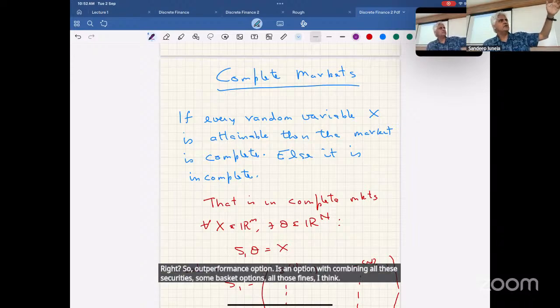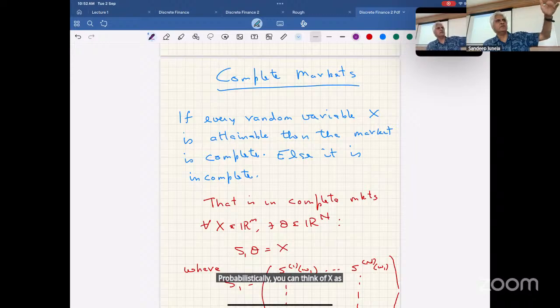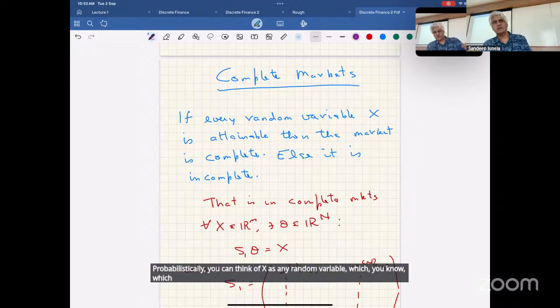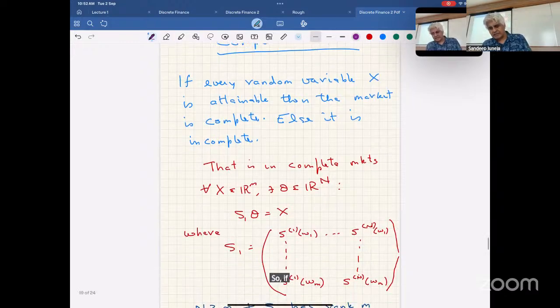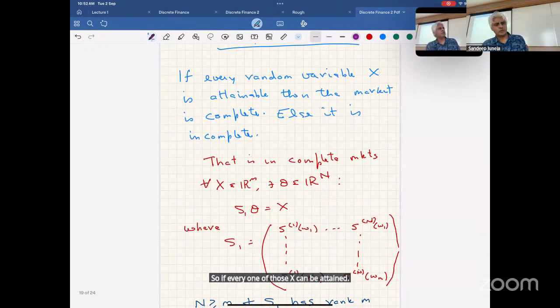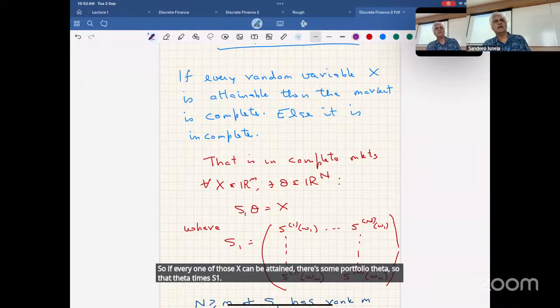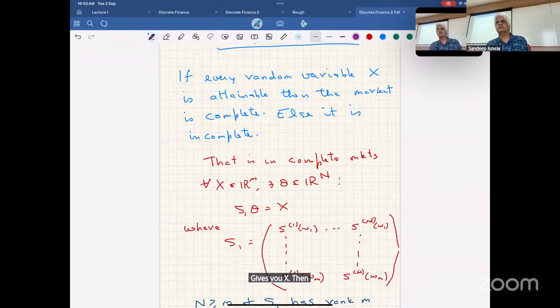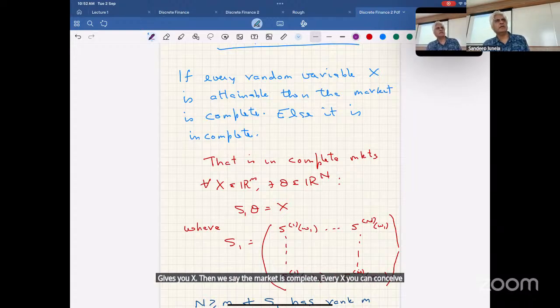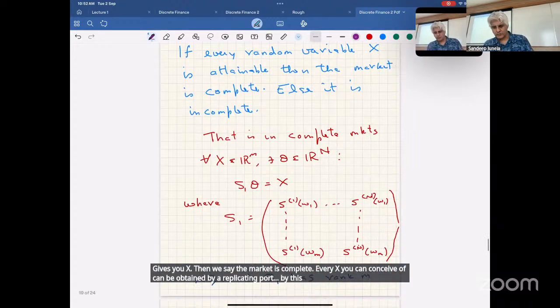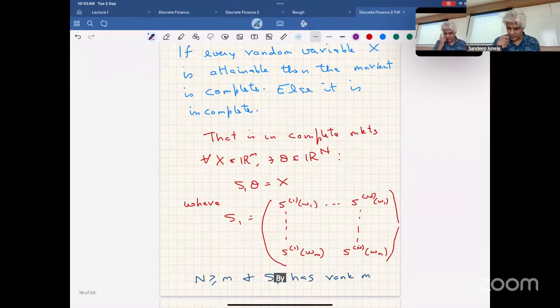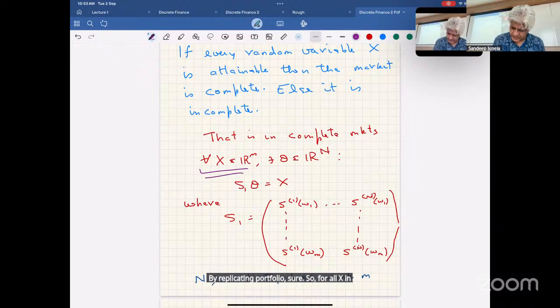Or probabilistically, you can think of X as any random variable which takes values in these M scenarios. So if every one of those X can be attained, there's some portfolio theta so that S1 theta gives you X, then we say the market is complete. Every X you can conceive of can be obtained by a replicating portfolio that you construct. So for all X in R^m, there is a theta in R^n so that S1 theta is equal to X.